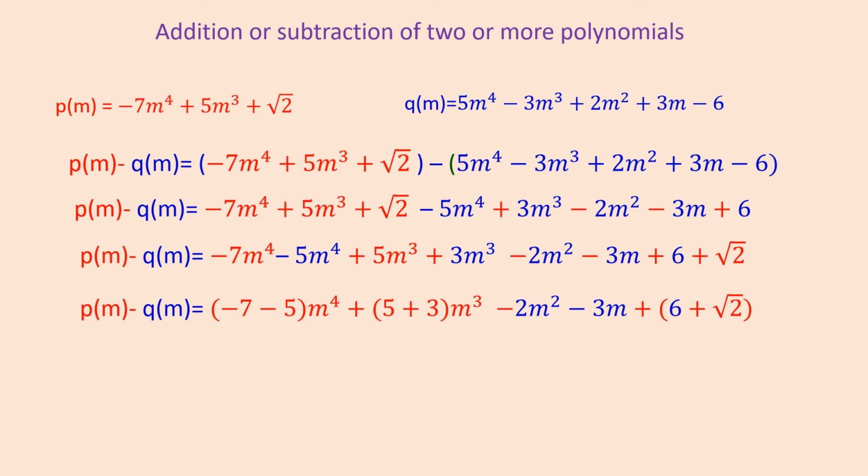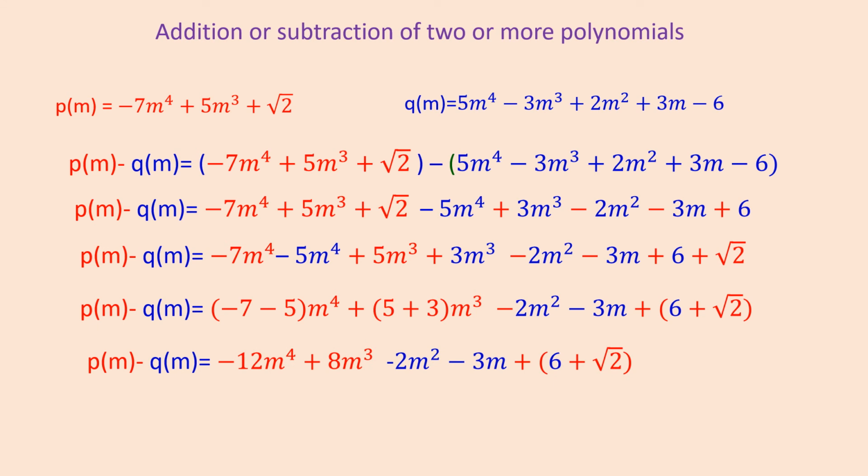Same way 5 plus 3 m cube, and the other terms are individual: minus 2m square minus 3m, plus the constant terms put together in one bracket, 6 plus root 2. Further simplifying, I will get minus 12m raised to 4 plus 8m cube minus 2m square minus 3m plus 6 plus root 2. Again 6 is a rational number and root 2 is an irrational number, so you cannot add them. I hope the addition and subtraction concept is clear.